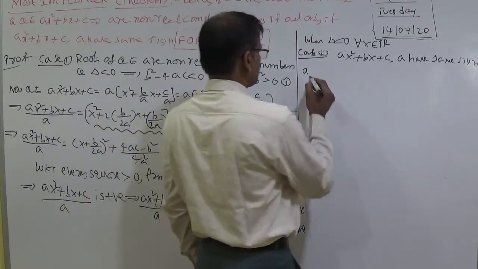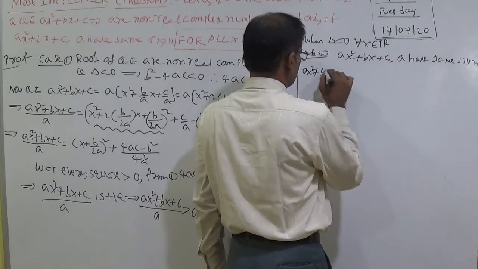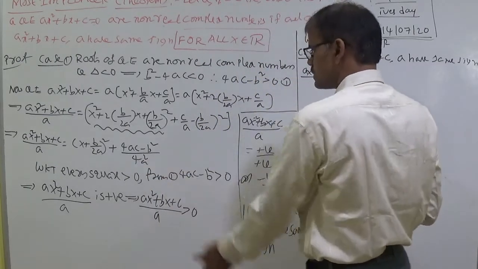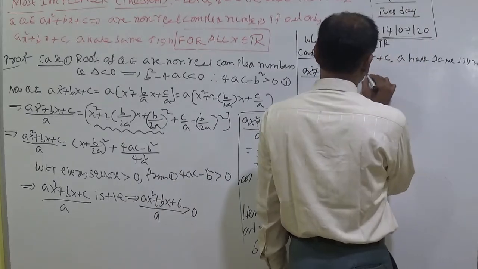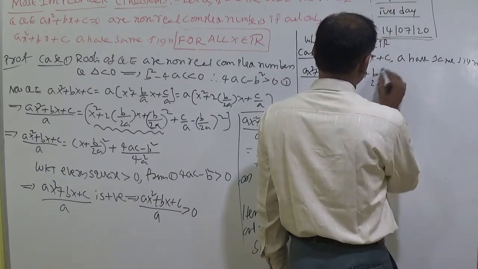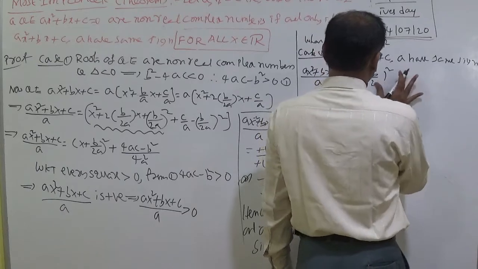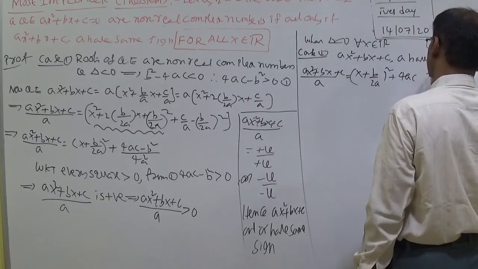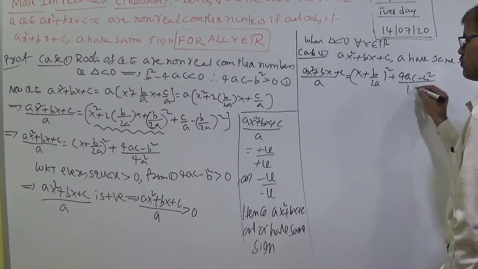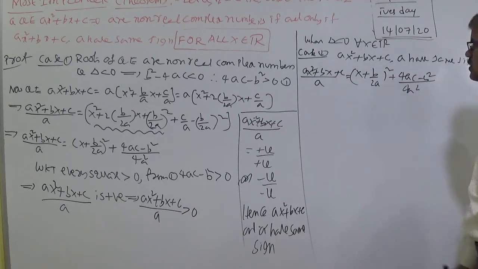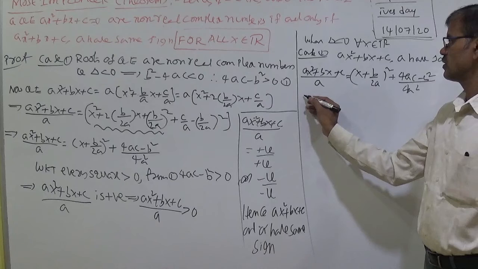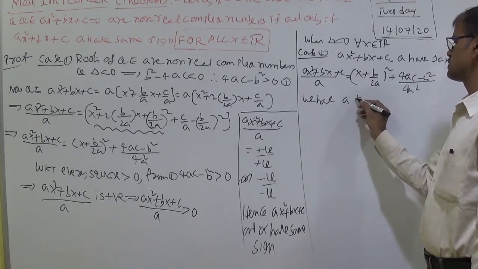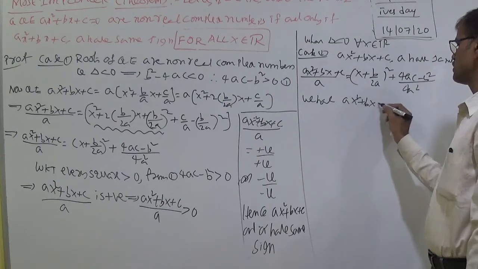Therefore, we can write ax square plus bx plus c by a is equal to x plus b by 2a whole square plus 4ac minus b square by 4a square. We have ax square plus bx plus c and a have the same sign.